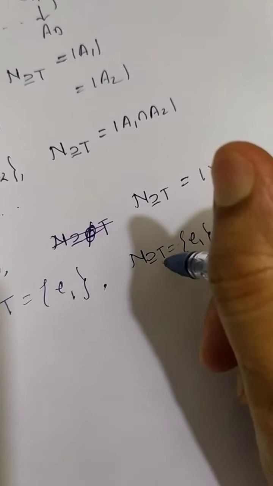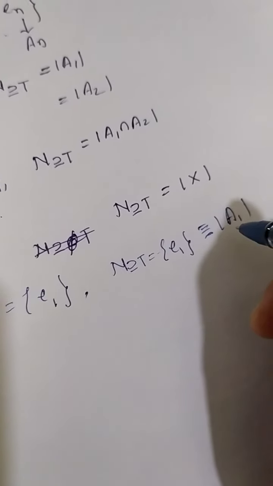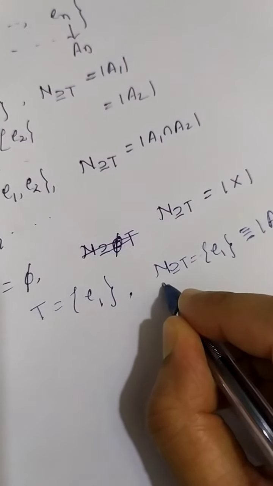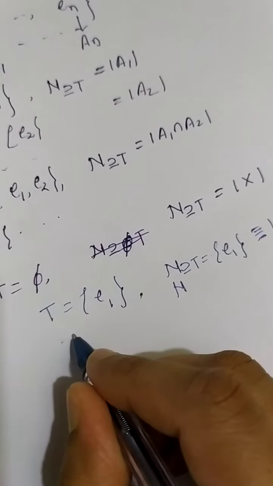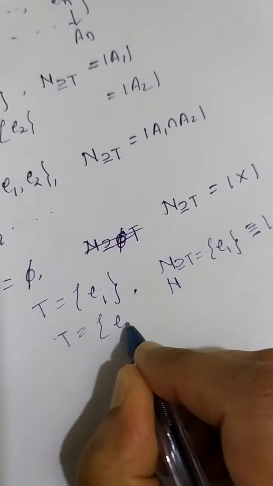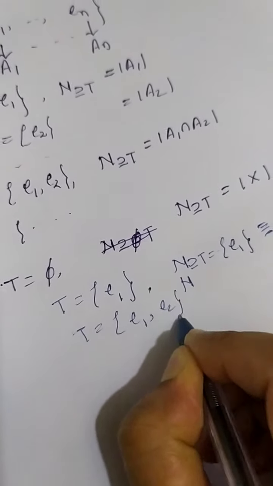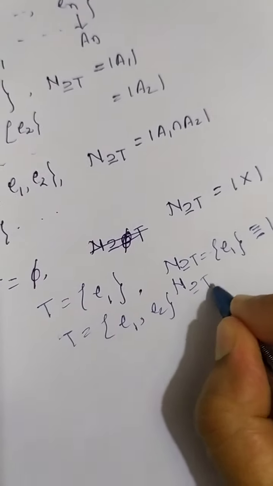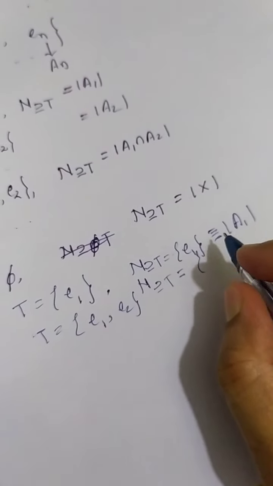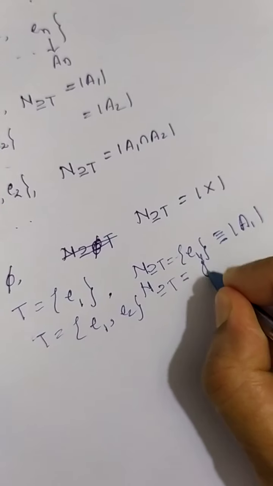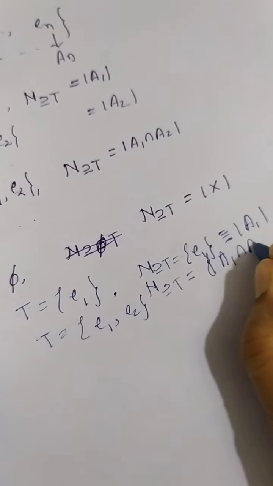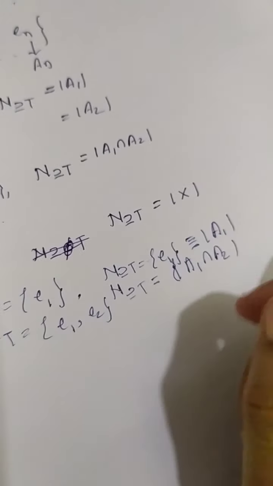Therefore it is the number of elements in the set A1. Similarly, if T is equal to E1, E2, then this representation is the number of elements in the set A1 intersection A2.